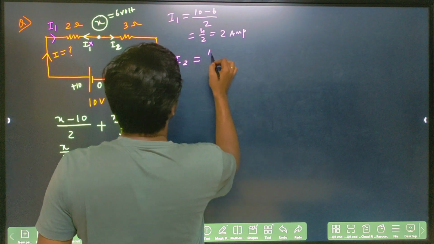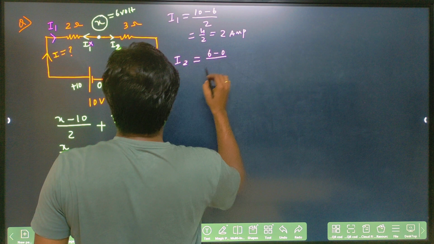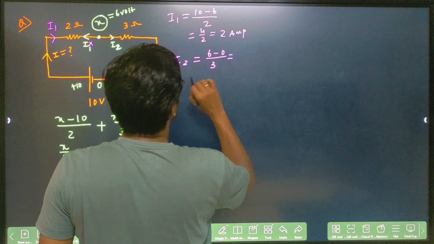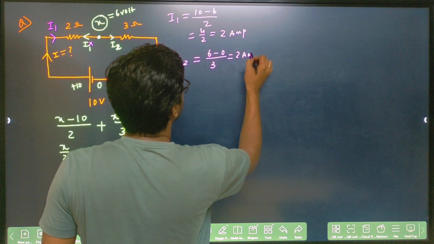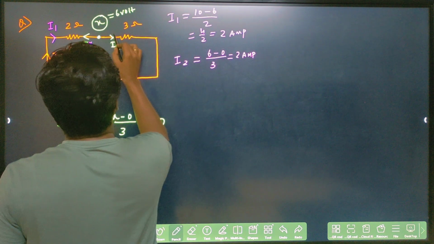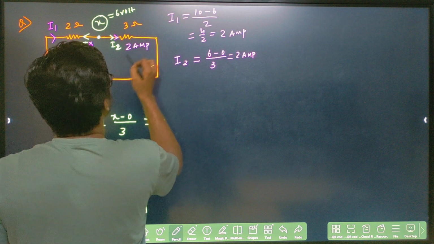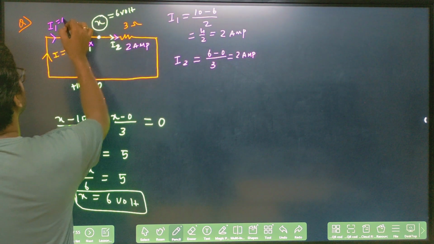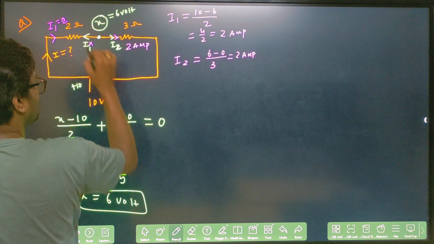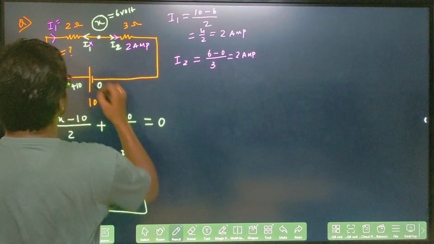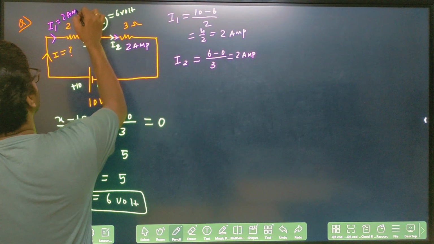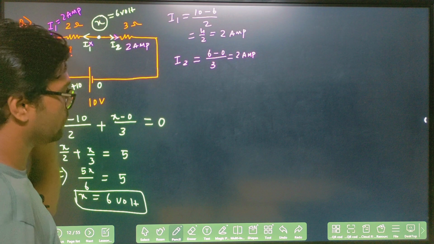Clear? So you can say that 6 minus 0 divided by 3 is equal to your 2 ampere. So this current direction will be along this direction. So 2 ampere current is flowing. Hope you understood this one.